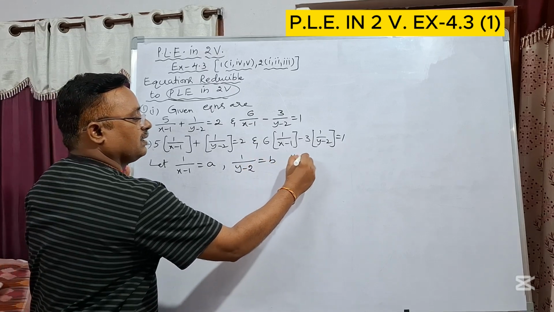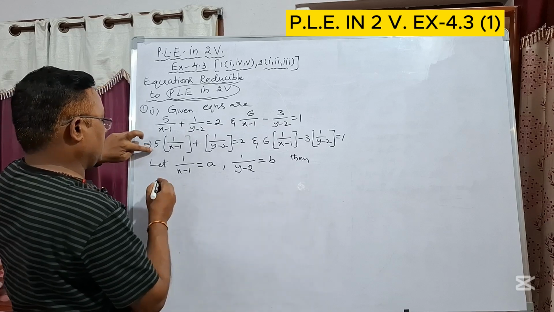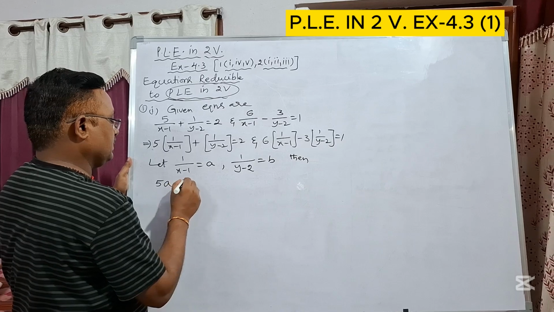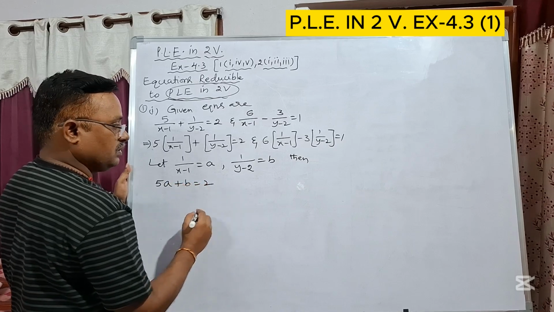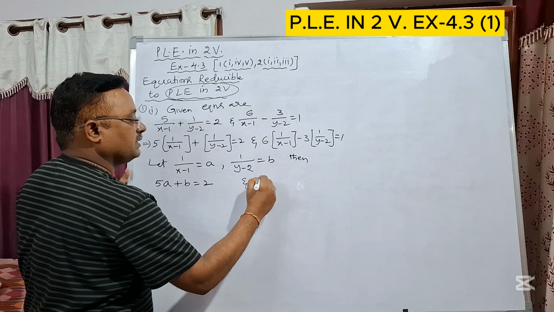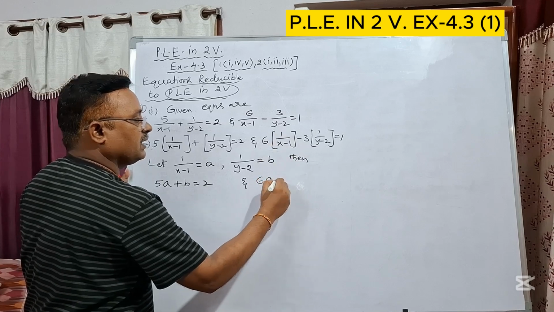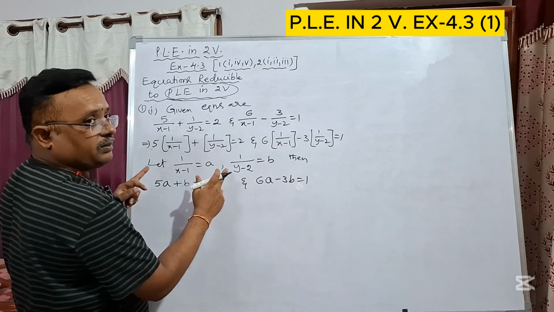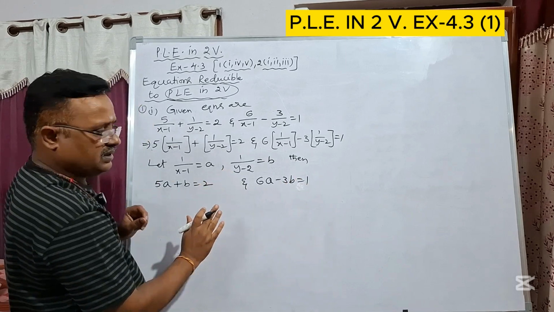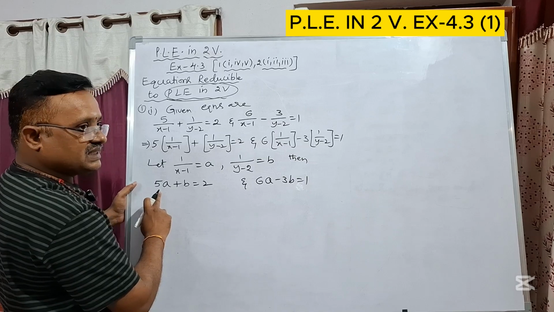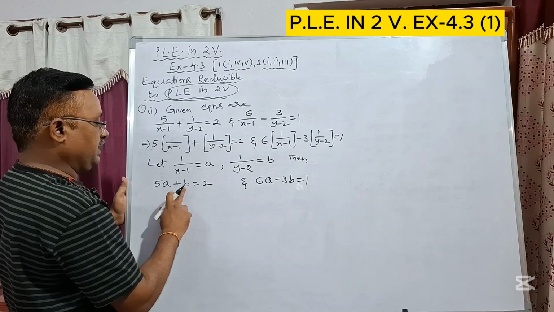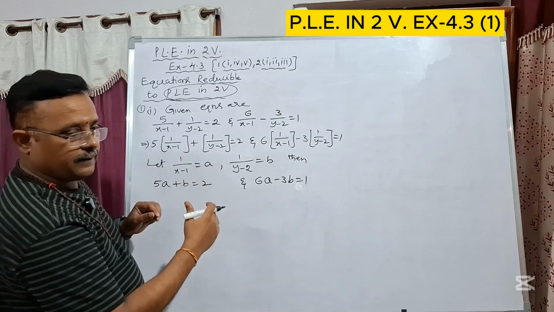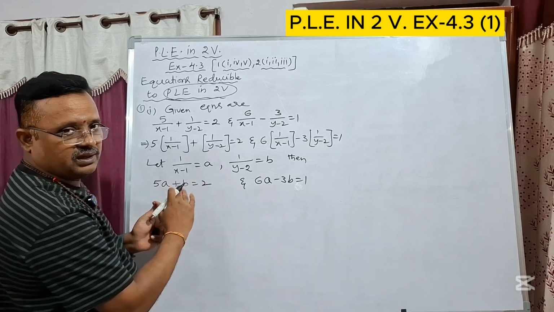Then this equation will be converted into 5a plus b equal to 2, and this will become 6a minus 3b equal to 1. Got it? Now you can see, it is like the ax plus by plus c equal to 0 model. When it comes to this side, the constant will come.